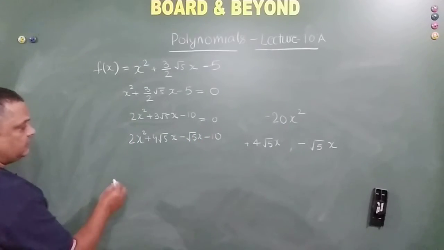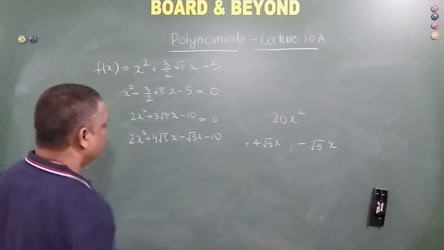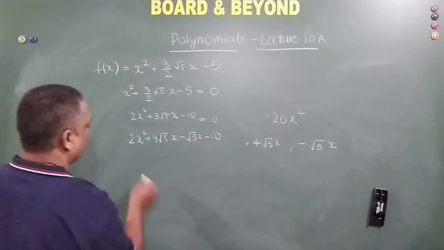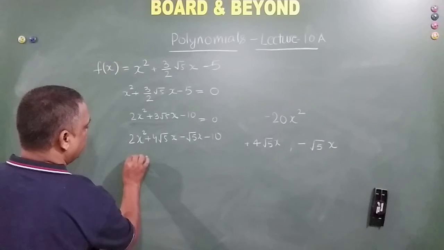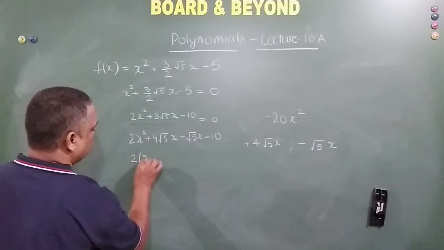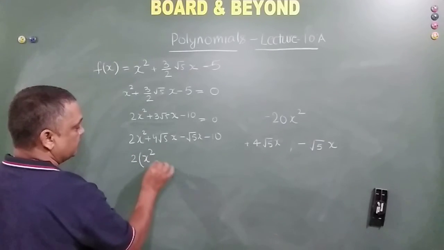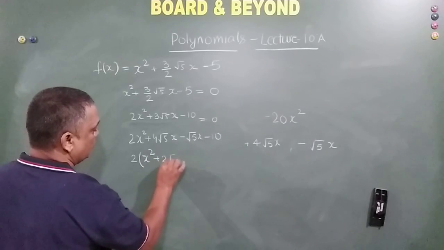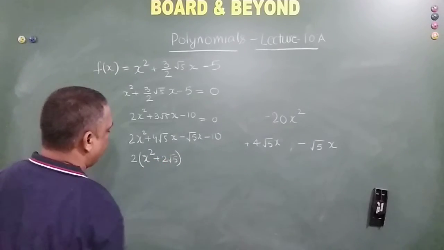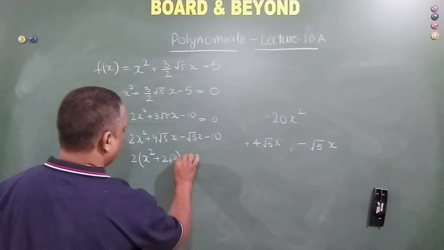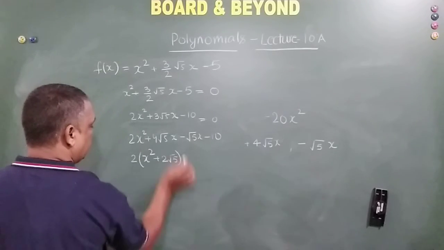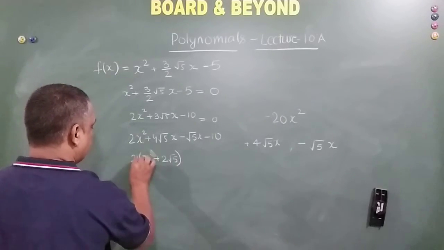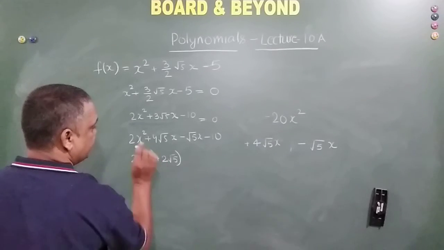Now what we are going to do is take common out here. Sorry, we will take 2x common here. So this will leave x plus 2 root 5.